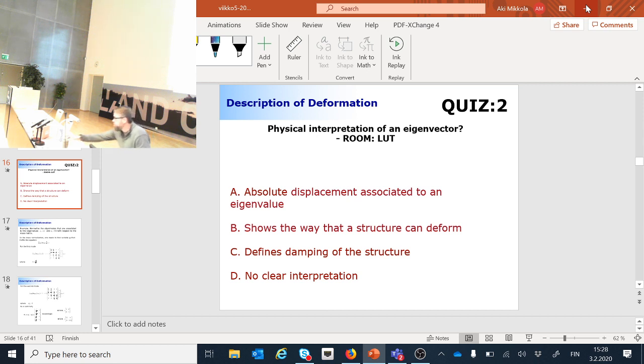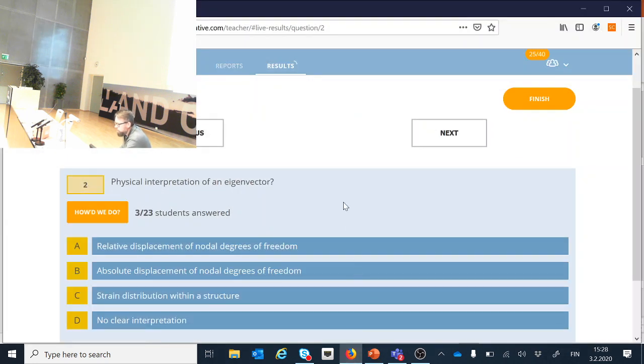Of course, the candy pack goes around again if this is a 100% success rate. Why are some answers different? Really? Let me see how they're different. Okay, strain distribution within a structure.